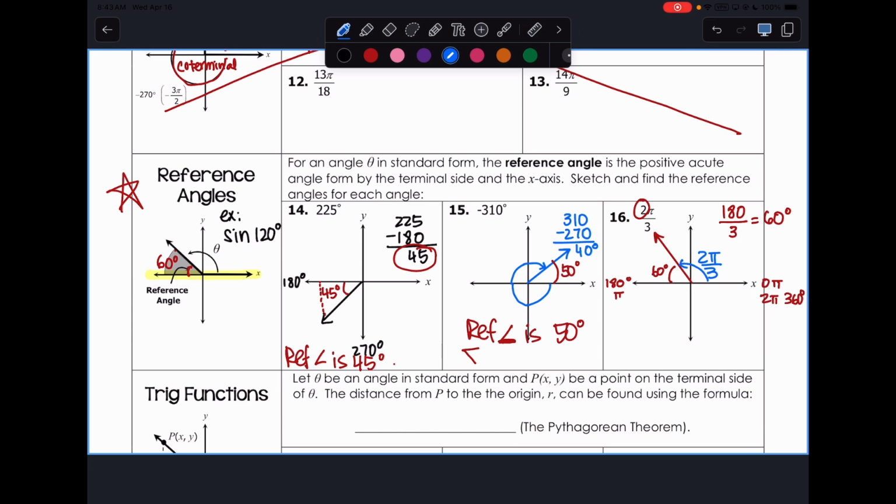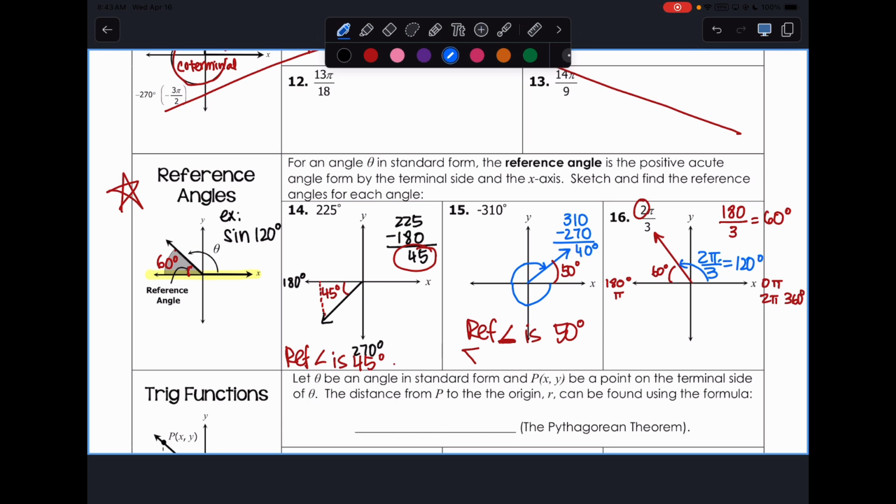Okay? This is 120. Agree? You understood why it was 120? Give me a head nod so I know you're tracking with me. If this is 120, even though it's asking for 120, the reference angle you would use for your trig would be the 60 degrees because it's closer to the x-axis.